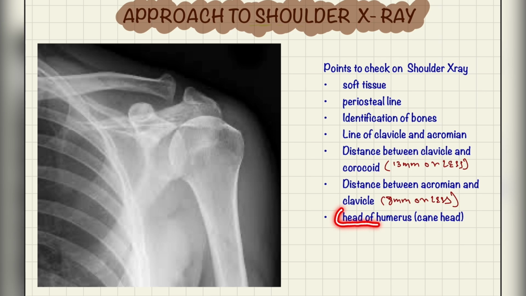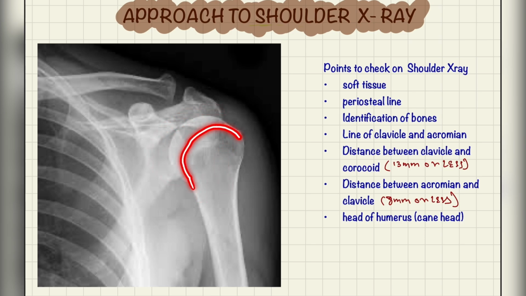Now, moving towards the next topic, that is head of humerus. A cane head, that means the head of humerus should look like the head of a cane or a stick. It should not be like this. It should be like a cane.